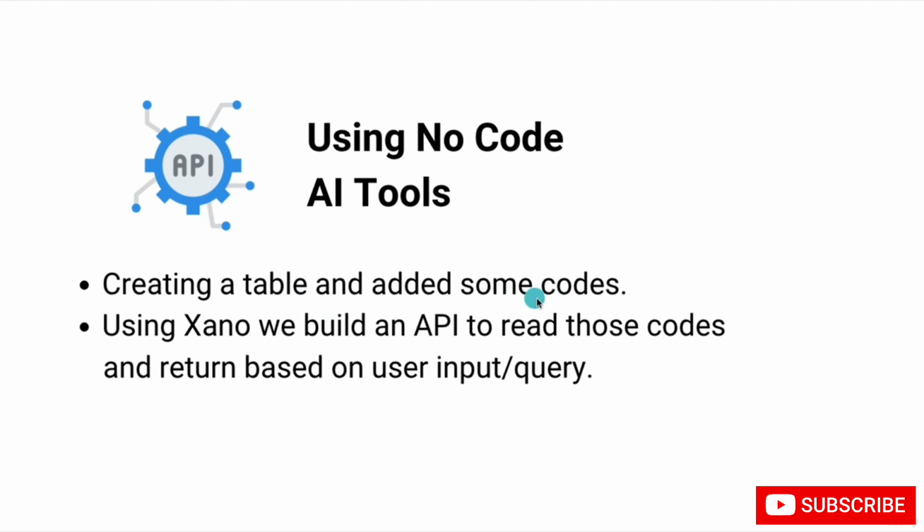We added some codes or some lines, any data you want, and then using Zyno we built an API to read those codes from the database and return results based on the user input or query. Simple and easy, right?